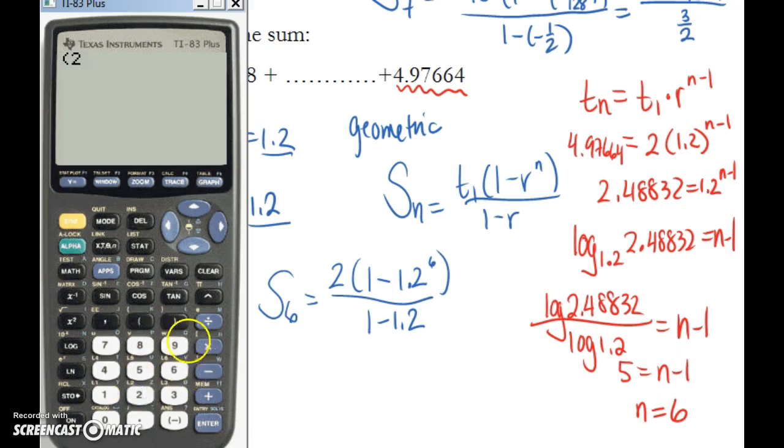We're going to do 2 parentheses 1 minus 1.2 to the 6th power, closing both sets of parentheses in the numerator, divided by, and in parentheses 1 minus 1.2. Close the parentheses on the denominator, and our sum is 19.85984. Will it give it to us as a fraction? It will. So either of these are acceptable answers.